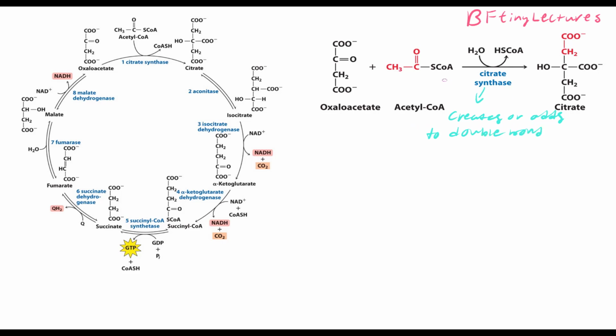Are we creating a double bond? We have a double bond here and here, but no double bonds over here. So we're not creating one, which means we must be adding something. We're adding this acetyl group into the keto double bond. This is a keto group, and we're adding the acetyl to this carbon.